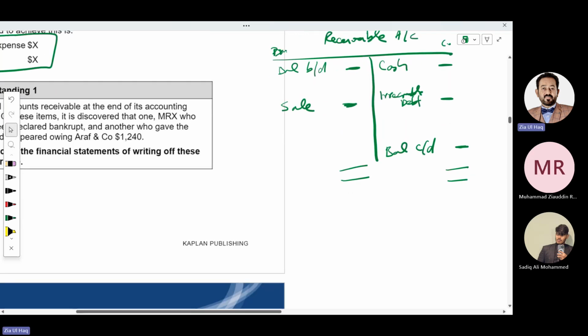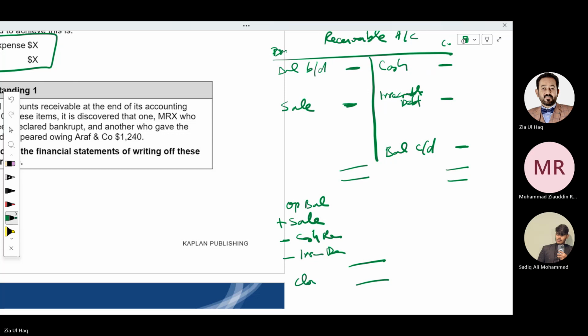Or we can say opening balance, if we add sales to opening balance, deduct cash received and deduct irrecoverable debt, we will arrive at closing balance of receivable. Opening balance, add sale, minus cash received, minus irrecoverable debt, we can arrive at closing balance of receivable.